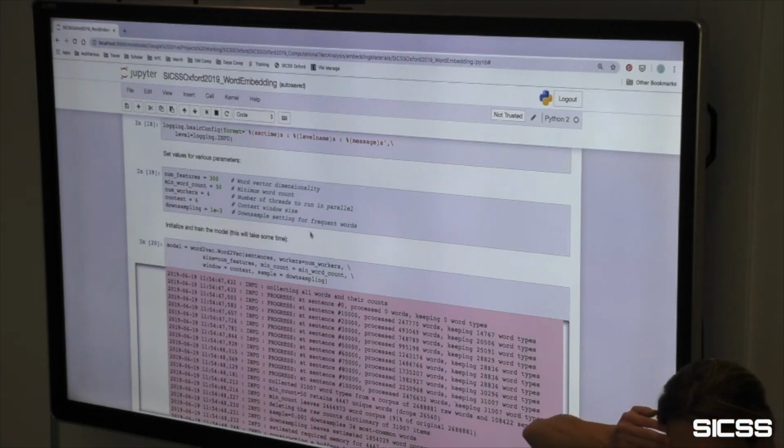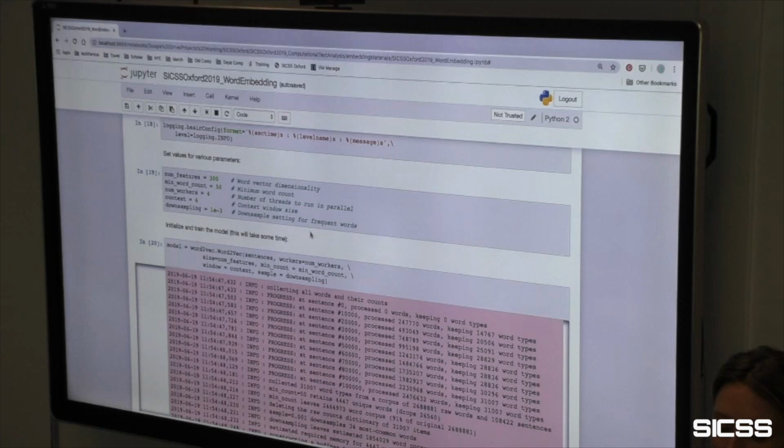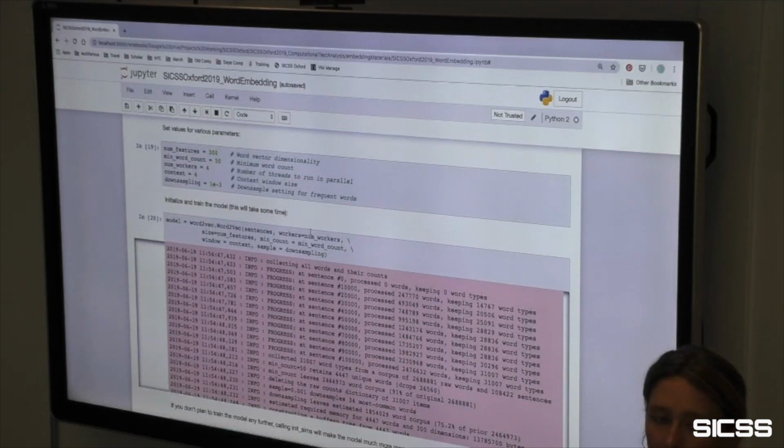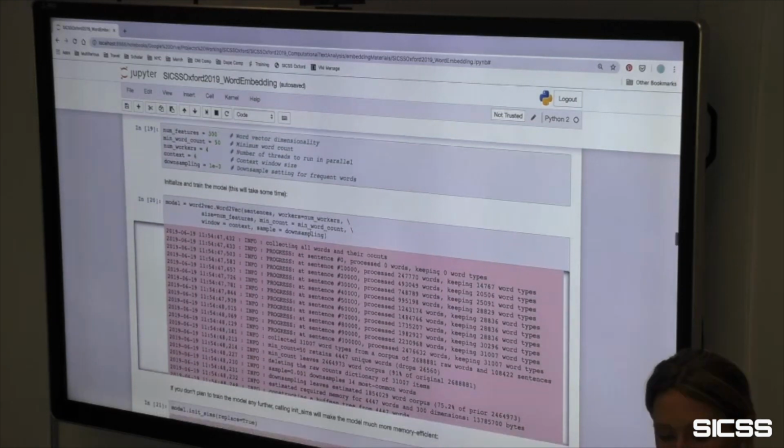I chose 6. And then downsampling is a process that you can use in machine learning and other ways to make sure that very frequent words, in this case, aren't causing too much of the effect. And then you run it.